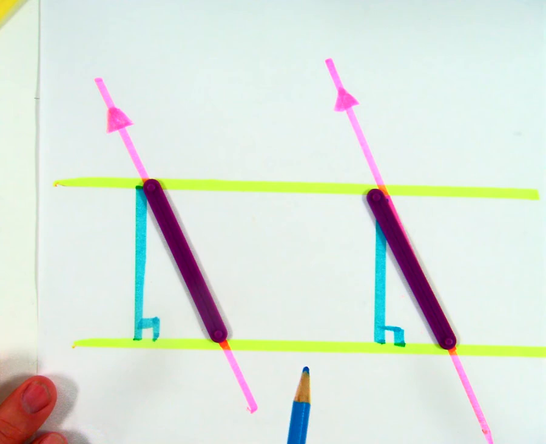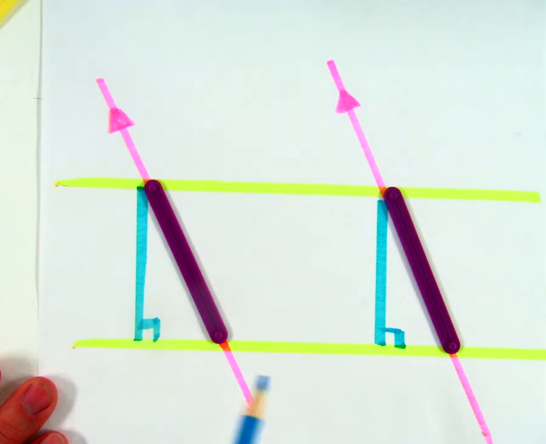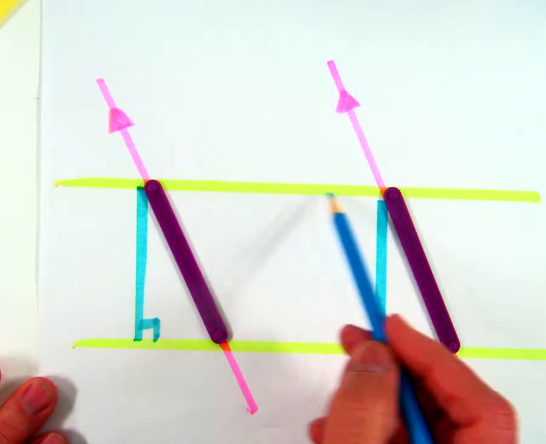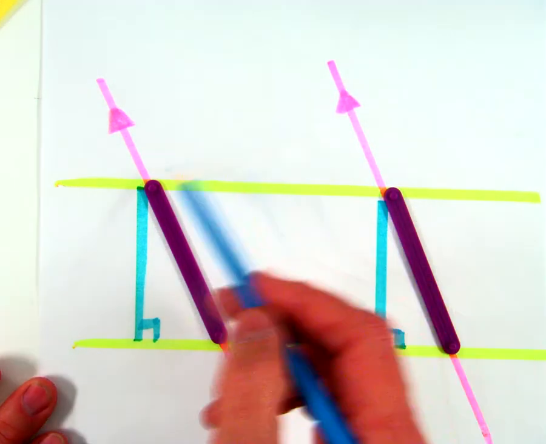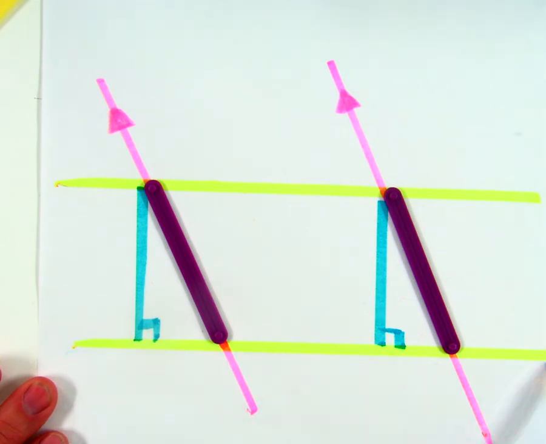What I really want to know is if the distance is the same. But I can't measure it because I'm not allowed. So what do I do? I know that the pink are parallel. That makes the yellow a transversal.